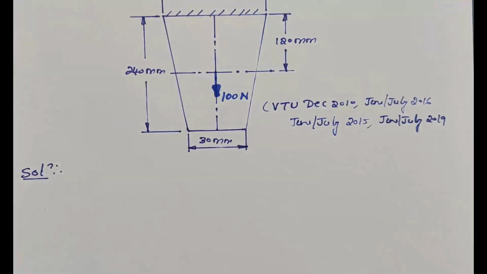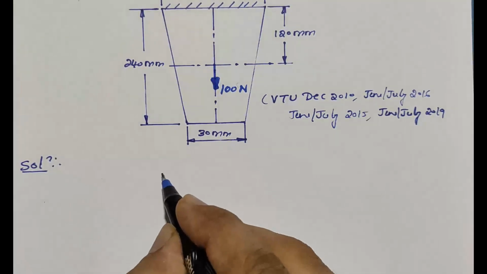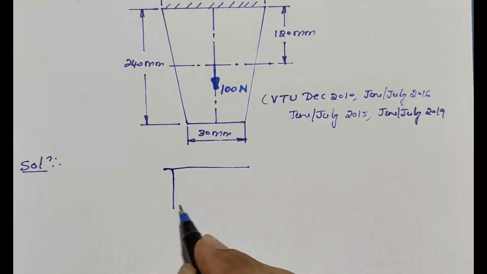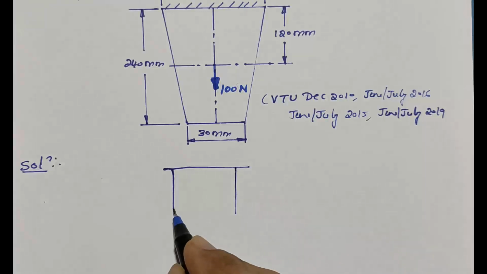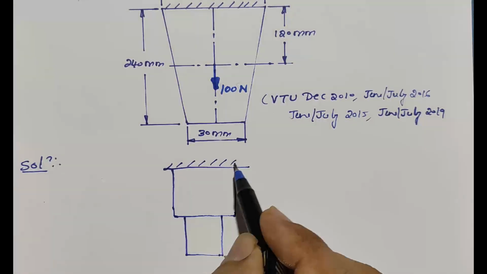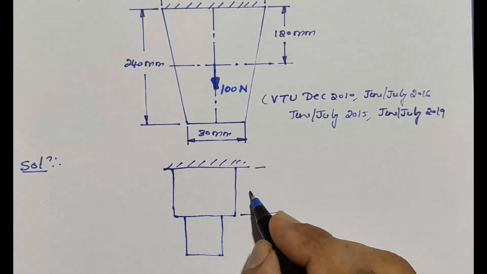So you have to convert this uniformly tapering bar into stepped bar. See here. This is first step. This is second step. One end is fixed. Length is 120 mm.